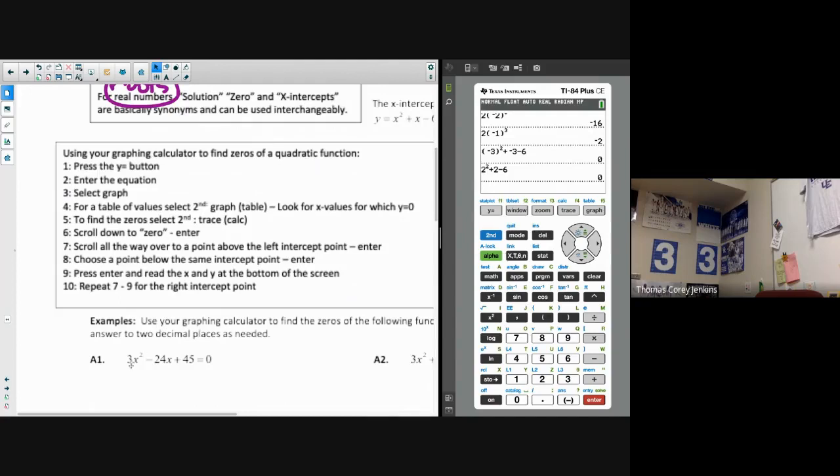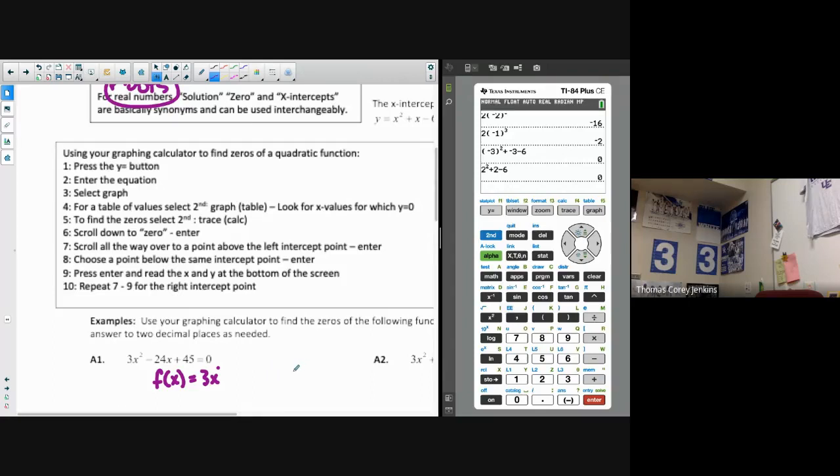Our first equation is 3x squared minus 24x plus 45. Just of note here, you could factor out a 3 to make the number smaller, but we'll keep it as is. Our first step is to graph f of x, or y equals 3x squared minus 24x plus 45.